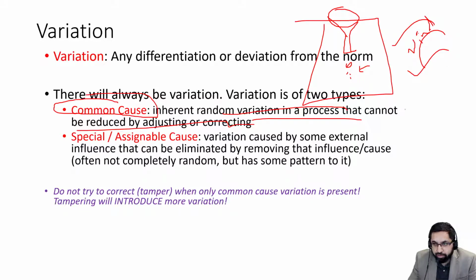Another example of common cause variation is if you zoom into the funnel. The funnel's tunnel is going to be wider than the marble, because if the marble was bigger, it would just get stuck and never come out. Because the marble is smaller than the tunnel, it can hit the side walls and bounce back and forth. So it may come out at one angle, or it may come out at this angle.